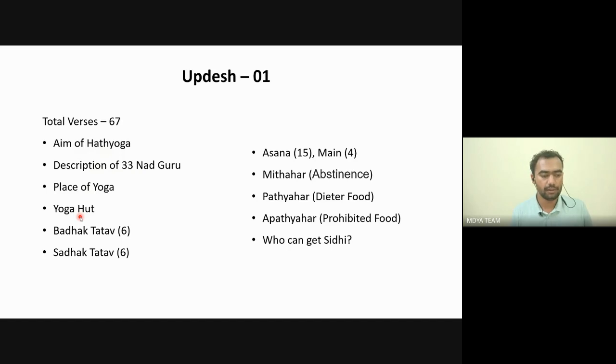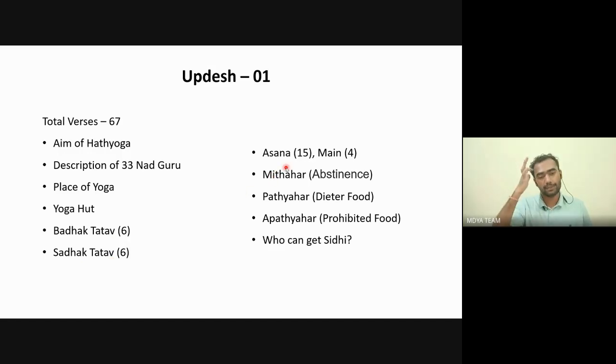These are the exact place, location and home for Hatha Yoga practice, mentioned in Upadesh 1. Six kinds of Badhak Tattva and six kinds of Sadhak Tattva are also mentioned in the first Upadesh.